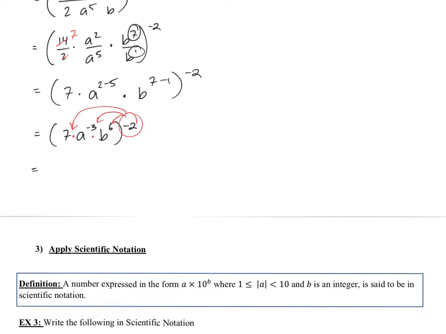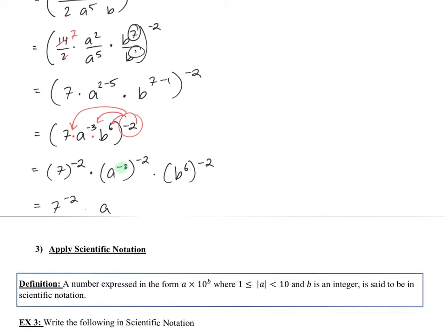Alright, so now we have 7 to the negative 2 power times a to the negative 3 raised to the negative 2 power times b to the 6 to the negative 2 power. We can go ahead and simplify that. That'll be 7 to the negative 2 times a, let's see, power to power rule.